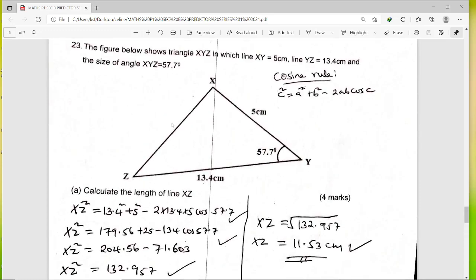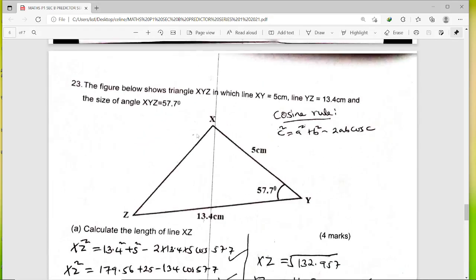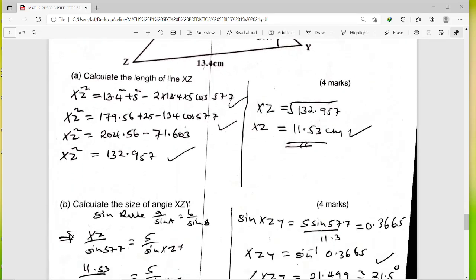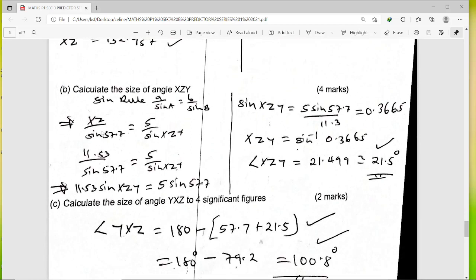This angle: if we know this line and we also know this angle, we can use what we call the sine rule. The sine rule states that a over sine A equals b over sine B. So XZ over sine of 57.7 equals 5 over sine XZY.